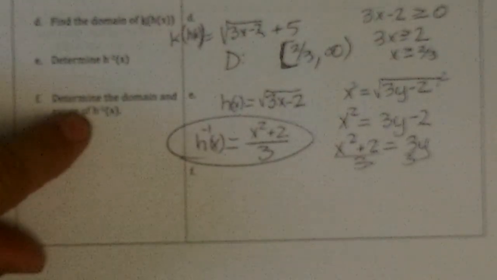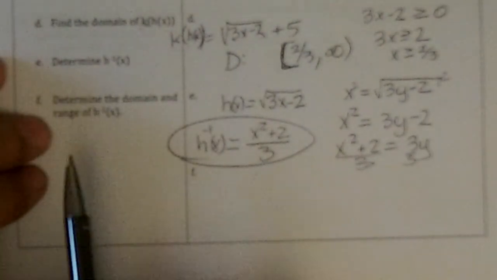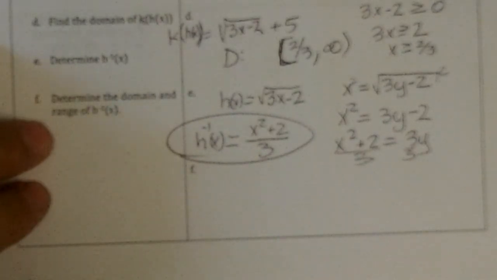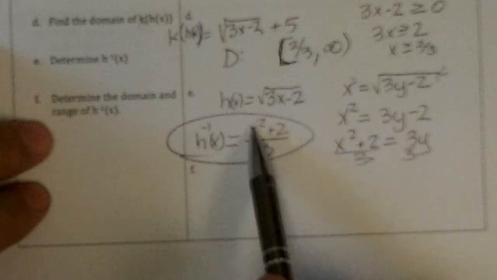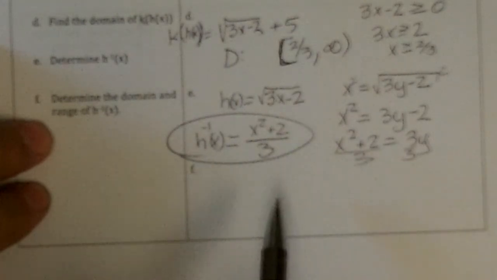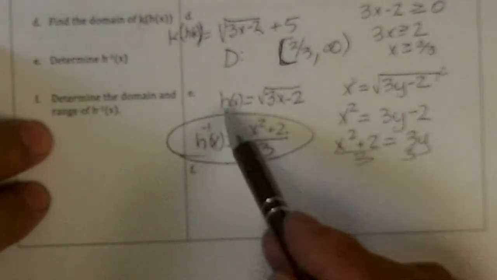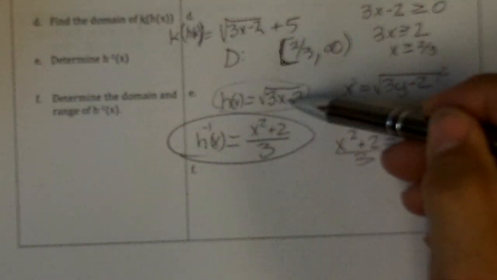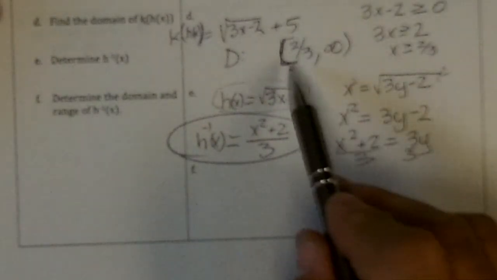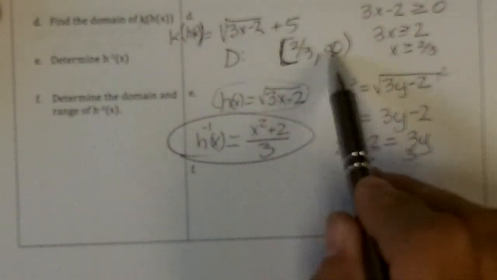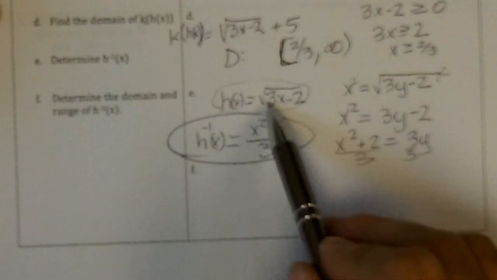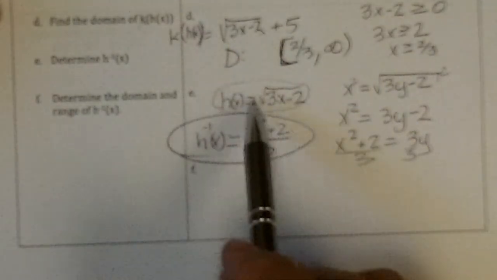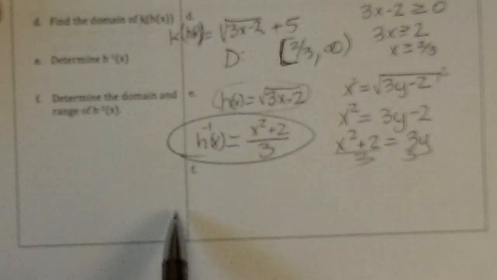Now it says find the domain and range of h inverse of x. Well, it looks like I can use anything in here, but we need to refer back to h. Now h, we couldn't use anything but 2/3 to infinity, and that was because of this part right here. So that's the domain. That was the domain of this also.